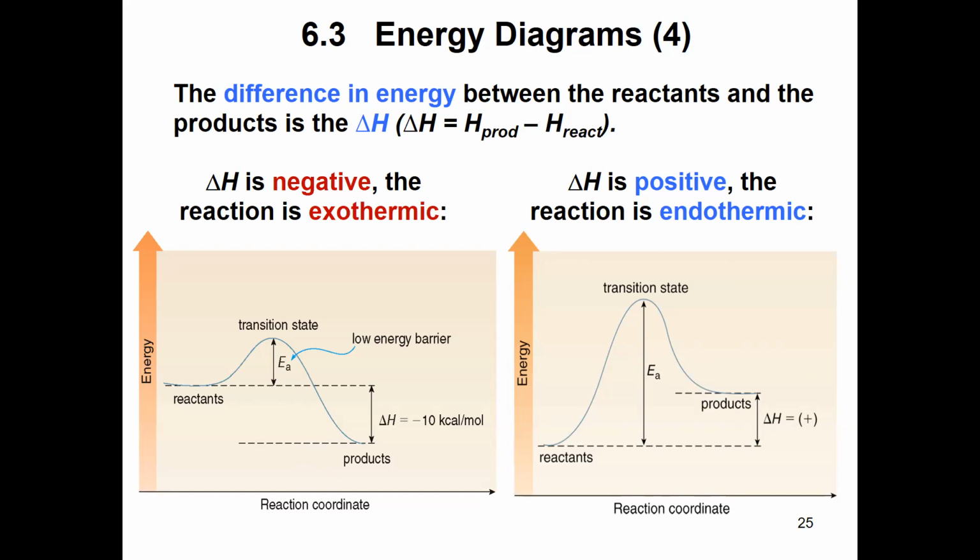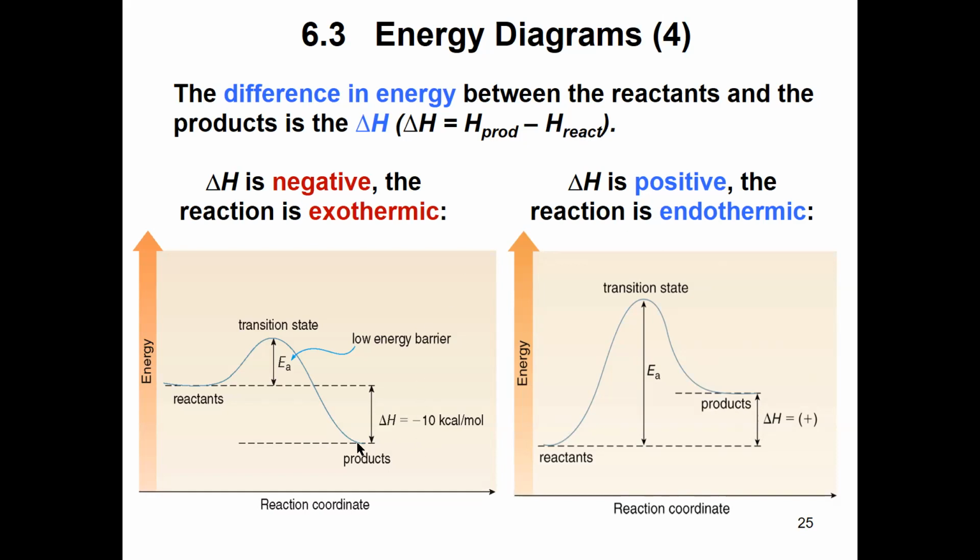And then if you have an exothermic reaction, the energy of the product is lower than the energy of the reactant. So products are more stable, they have less energy. And this means that the difference of energy at the end versus at the beginning will be negative, because delta H is the enthalpy of product minus the enthalpy of reactant.